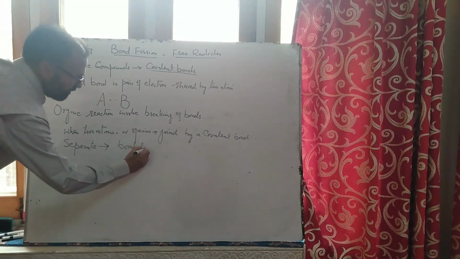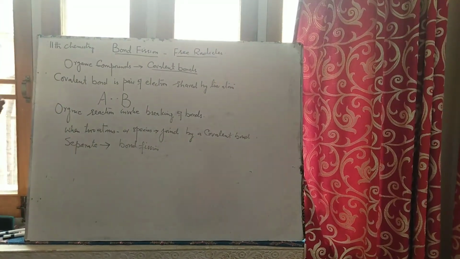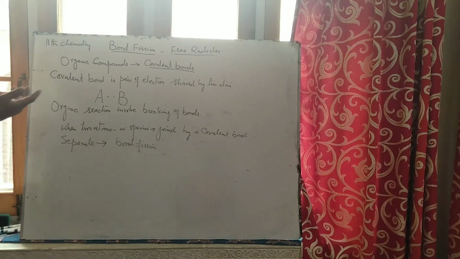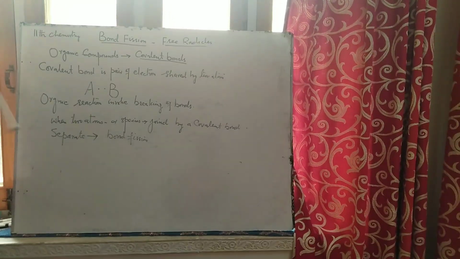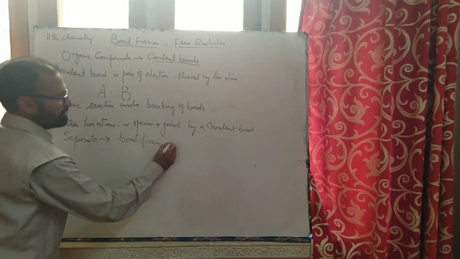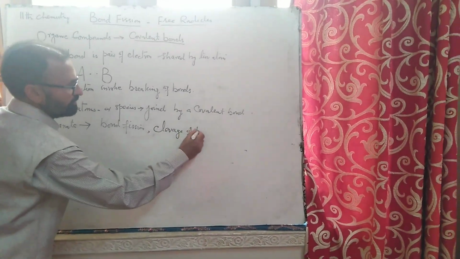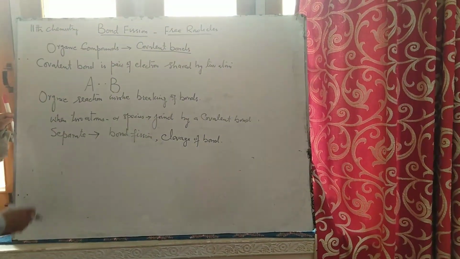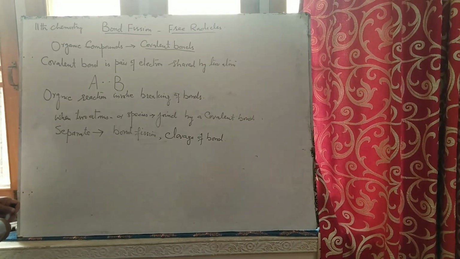It is known as bond fission. When fission takes place, it is called bond fission, or we call it cleavage of bonds also. In cleavage, the bond breaks and the two atoms or the two species joined by the bond separate.